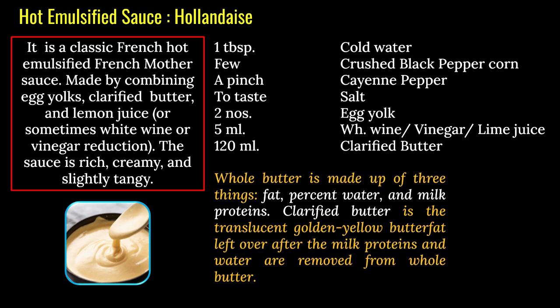Clarified butter is the translucent golden yellow butter fat left over after the milk protein and water are removed from the whole butter. So out of these three ingredients present in the whole butter, you remove water, you remove the milk solids, that is the protein. What is remaining? That is your butter fat, and that is known as clarified butter.